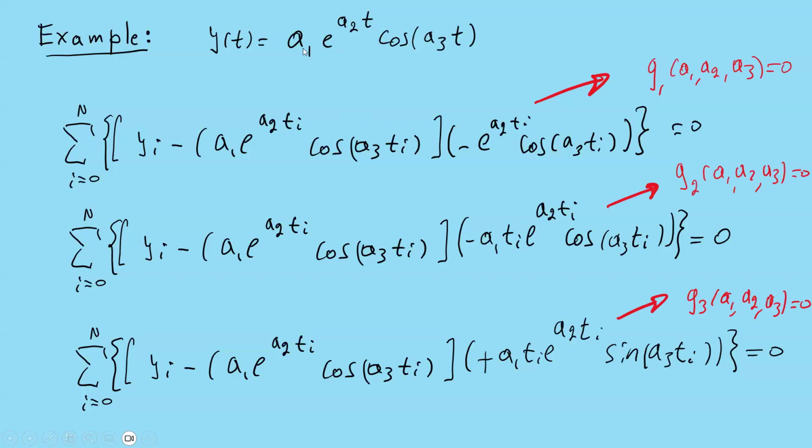This is another example. We have A1, A2, A3. It means we are fitting y sub t and yt over the noisy data. As you can see, we have nonlinear equations. We have A1, A2, and A3 as the three coefficients for this problem. We minimize the SSE with respect to A1, A2, and A3, and then we will have three nonlinear equations.